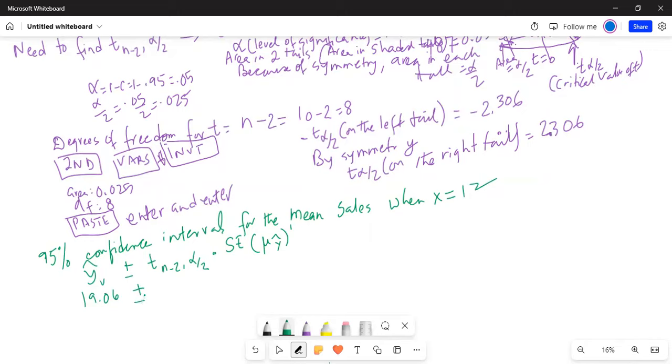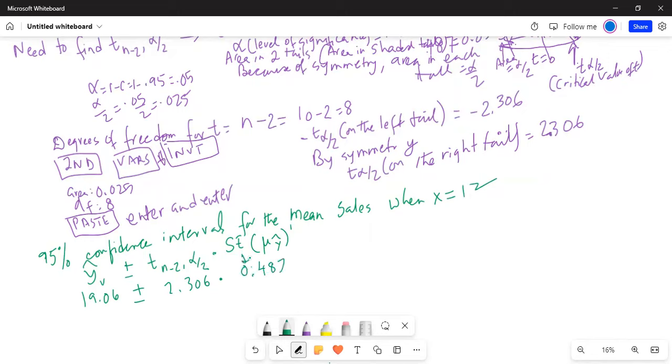And that one, the t value, is 2.306 multiplied by the standard error of the average value, which we calculated previously as 0.487.